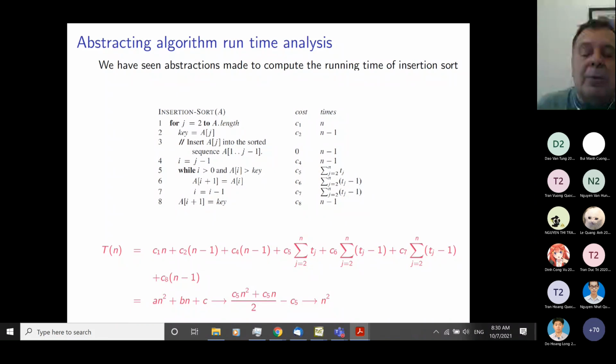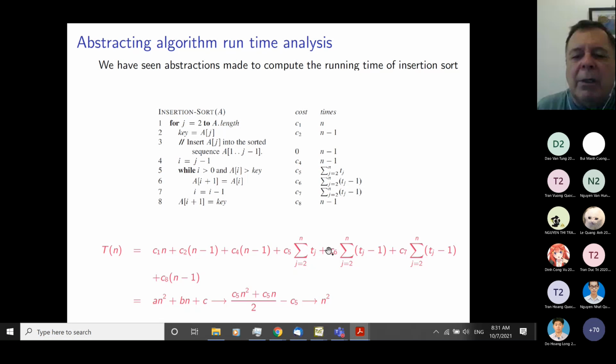And we try to make abstraction of the exact number of machine instructions for executing each of these basic operations. So we abstract this by using some constant that represents the number of machine instructions, and then we count the number of times each instruction is executed in the pseudocode.